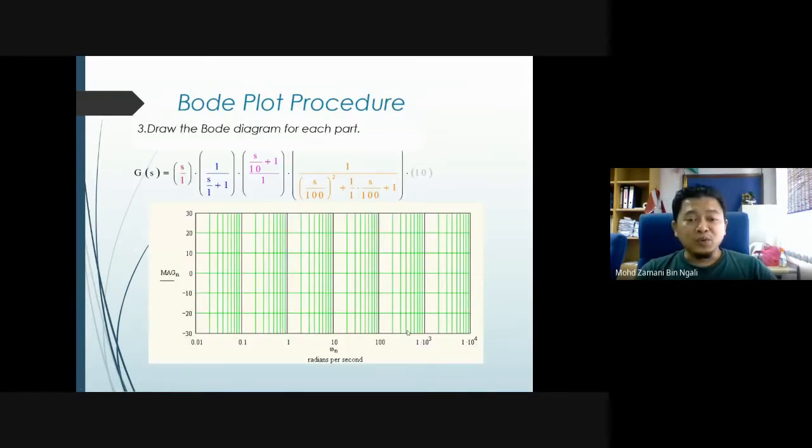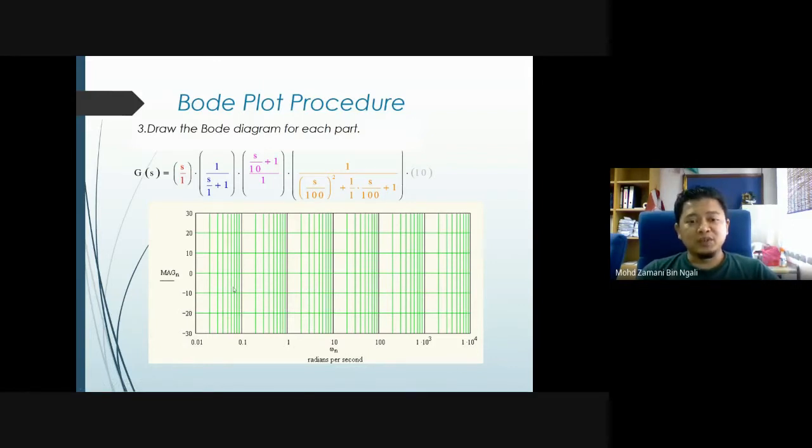Okay, we assign a color to all these parts. We have 1, 2, 3, 4, 5 parts, including this 10. So 10 is the constant just now. Now this is how we look at a semi-log graph.